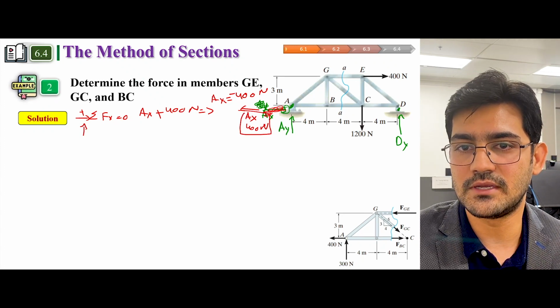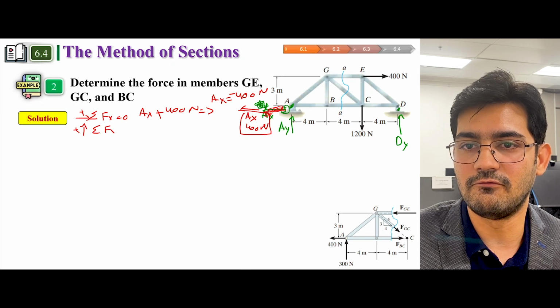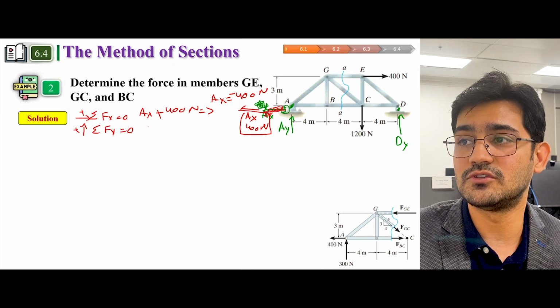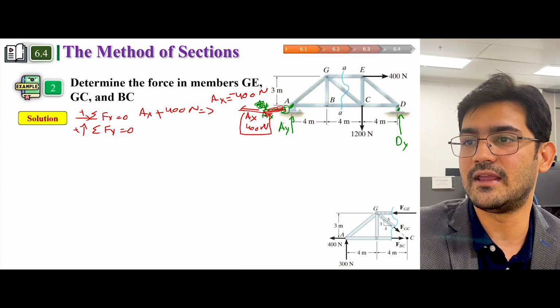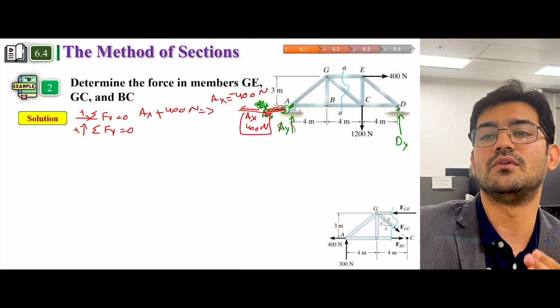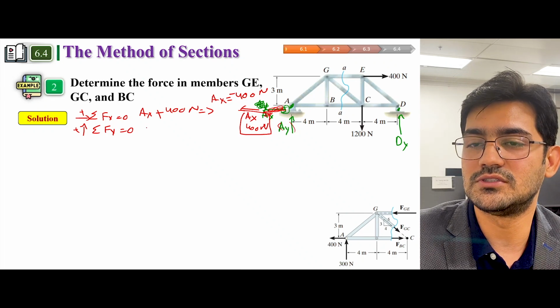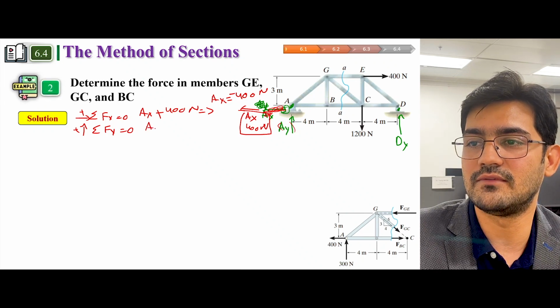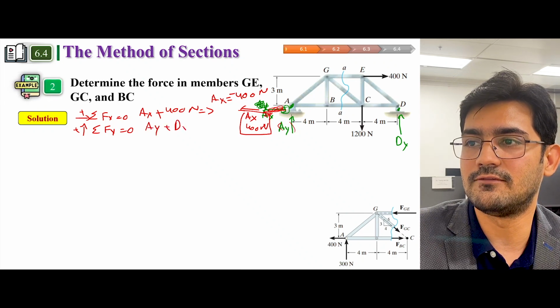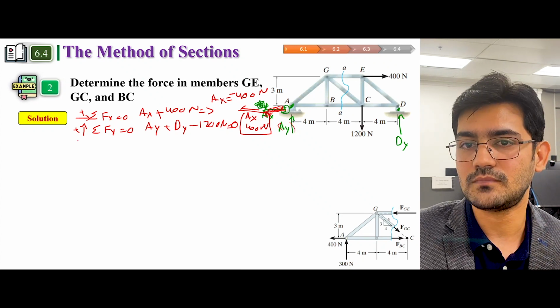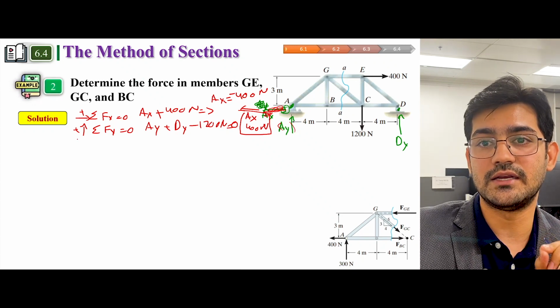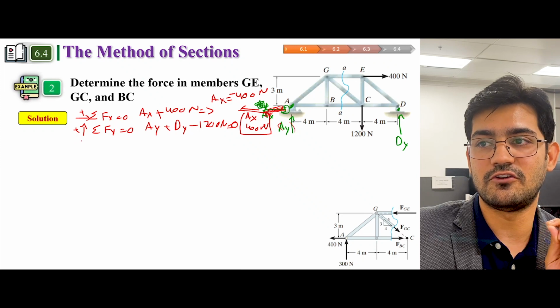If we do summation of F of y equal to 0, how many forces are acting in the y direction? Actually quite a few. You have A of y also, and D of y also. So you have A of y plus D of y minus 1200 Newton is equal to 0. You cannot solve this because you have two unknowns. But what you can do is apply summation of moment.